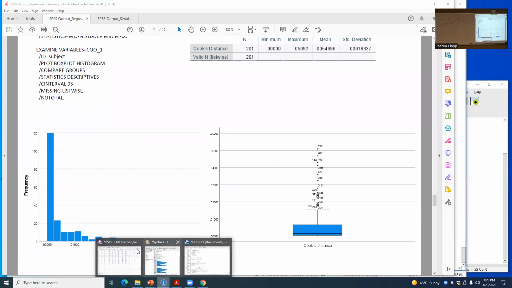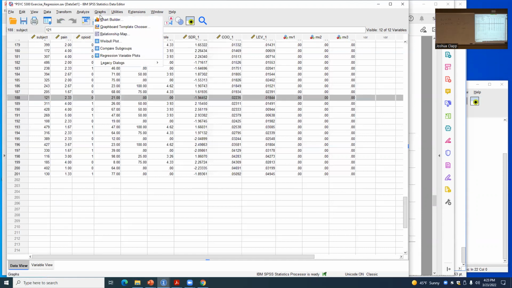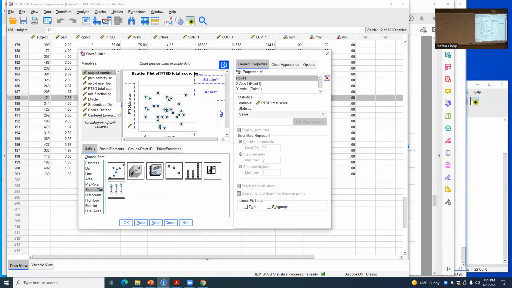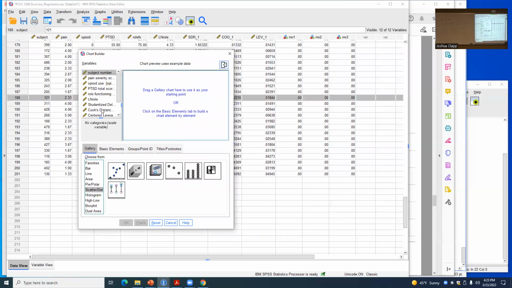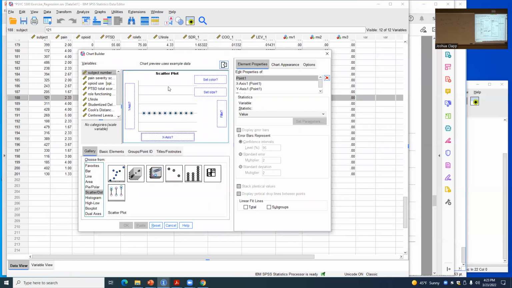So if I go back to my outcome, go to Graphs, and go to Chart Builder. Here, I want to reset, scatter, drop this in.